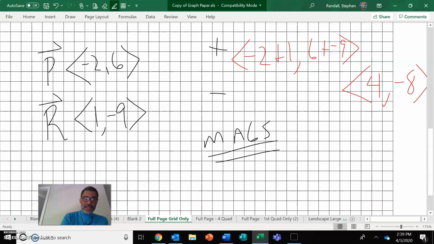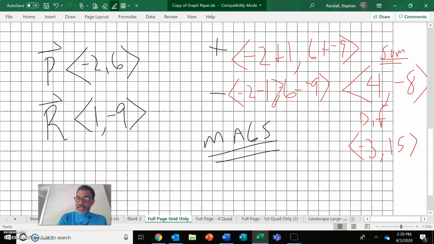If we're subtracting them, we go negative 2 minus 1 and 6 minus negative 9, and we get, so this is the sum. The difference would be negative 3 and positive 15.